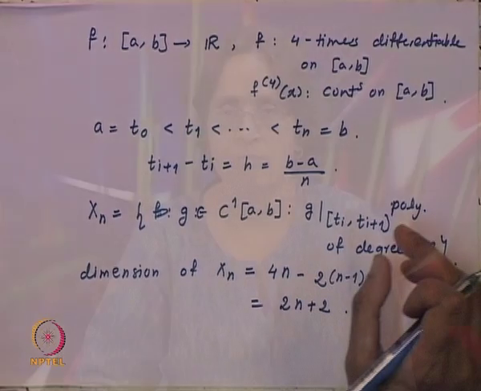If we consider the value of the function f at the t_i's and the derivative values at the t_i's, we have n + 1 partition points. Now look at a function g which is continuously differentiable and piecewise cubic on the interval [t_i, t_{i+1}], and it interpolates our function f and the derivative at these n + 1 points.